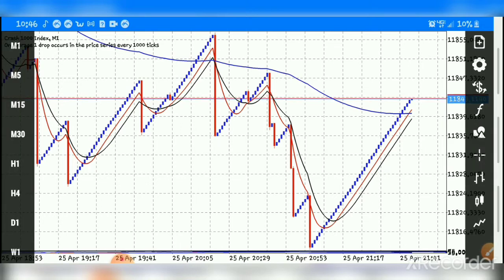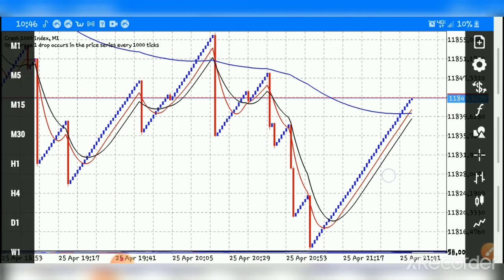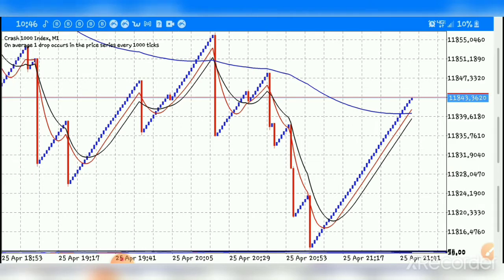Let me place a buy trade. If it is a downtrend, you place a sell. If it is an uptrend, you place a buy trade. And I told you crash is usually on an uptrend. Although there will soon be a spike, because if we make our technical analysis, we've gotten to an area of value where the market has reached and it has come back.